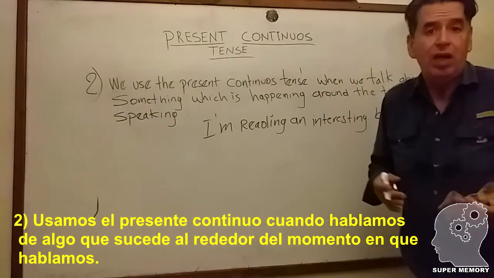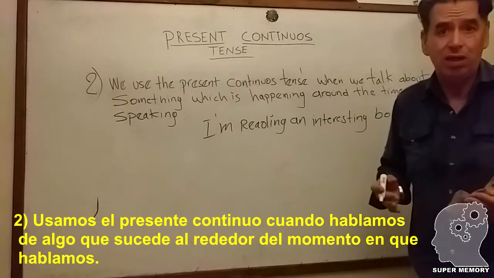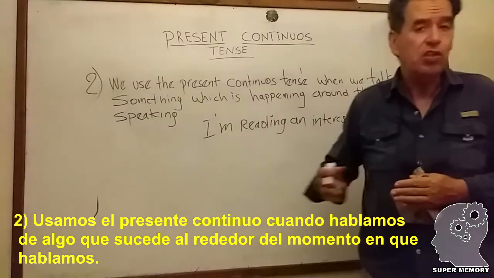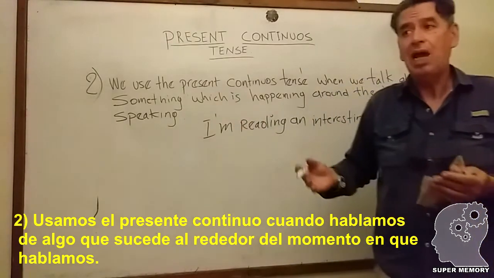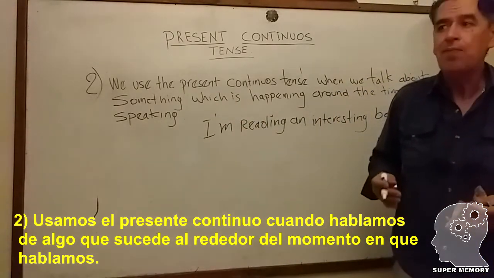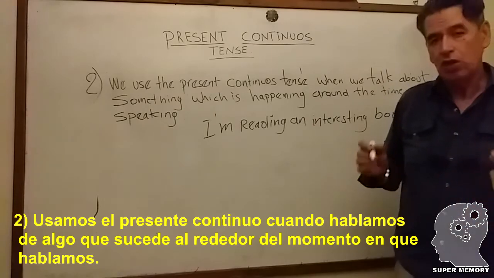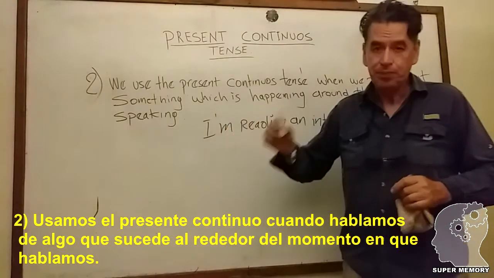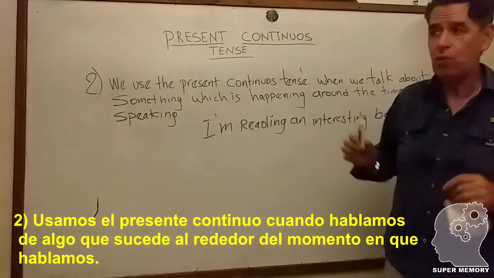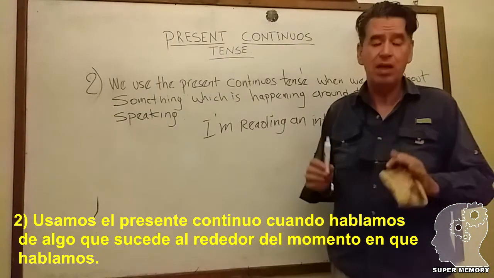At the moment I'm not reading it, but I haven't finished reading it, so maybe I'm going to finish reading it in the future, like next week, next month, or whatever.